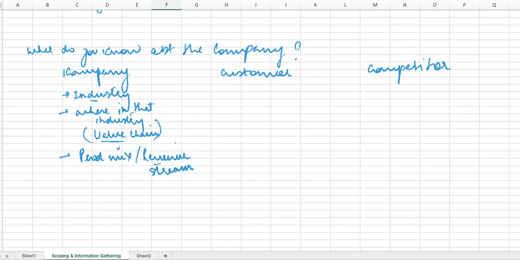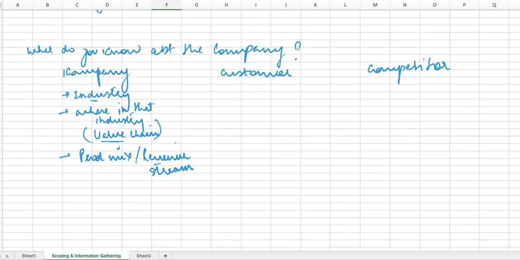So let's say if revenue is going down and a company has two or three revenue streams, it is always good to separate out the ailing revenue stream. Let's say there were three revenue streams: revenue 1, revenue 2, revenue 3.